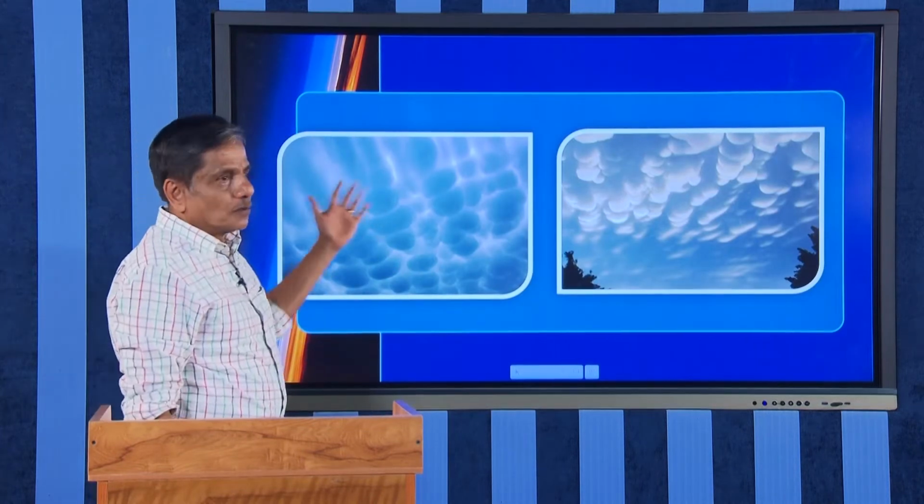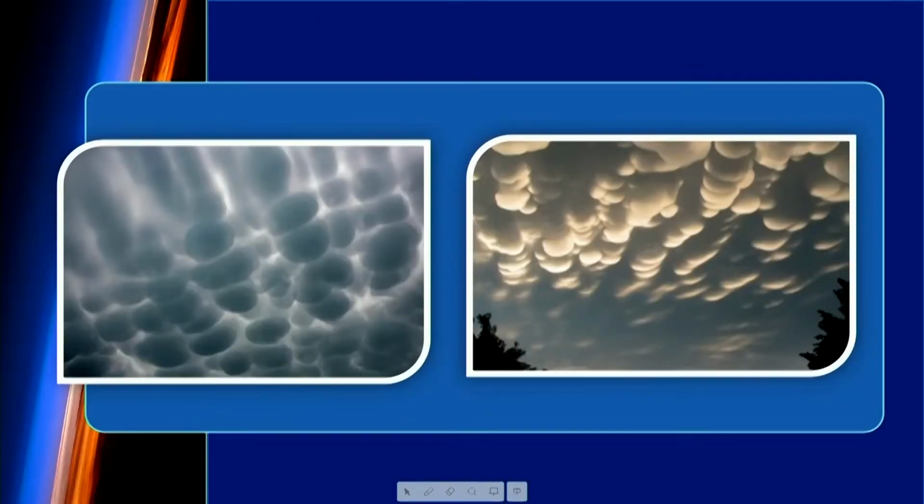This is another form of clouds, just like balloons. These clouds are not observed in our country, but are always observed in the polar regions, which contain a lot of pollution. That is the significance of these clouds.